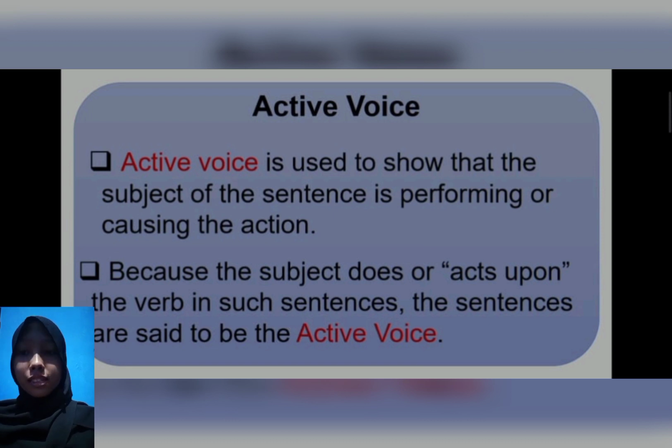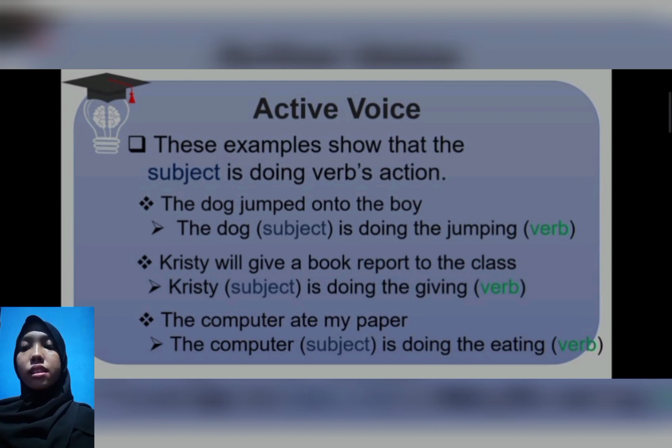Such sentences are said to be in the active voice. These examples show that the subject is doing the verb's action.